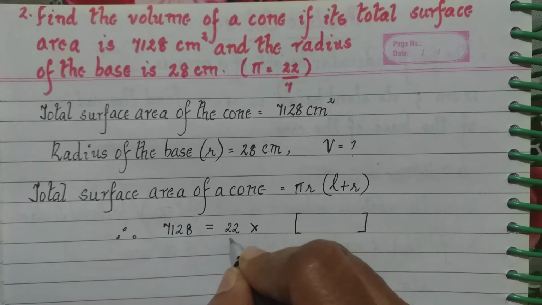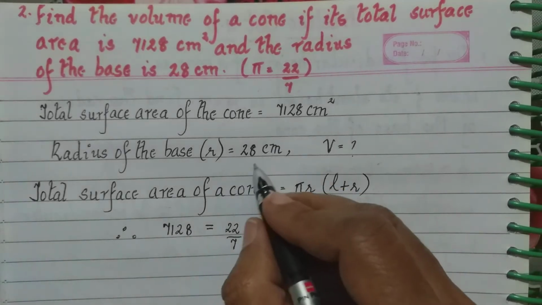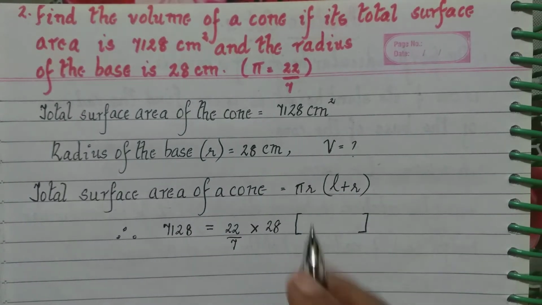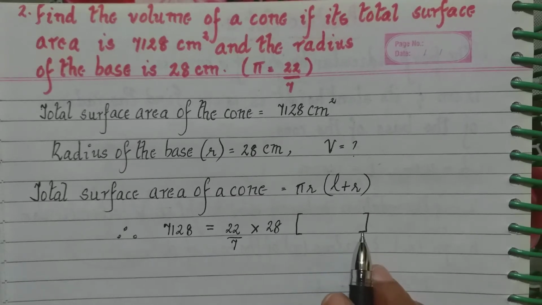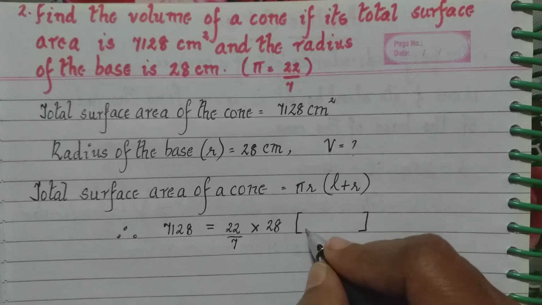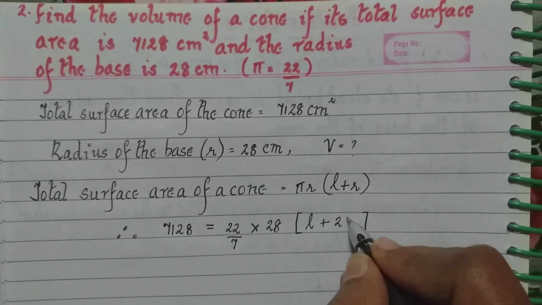So, we write here 22 by 7 into r was given as 28. So, we write 28. Then now here we have to put L plus r. Now, we do not know what is L. So, we write here L plus r is 28.